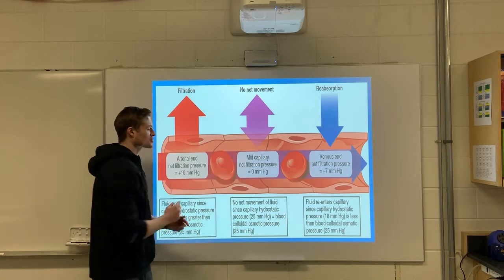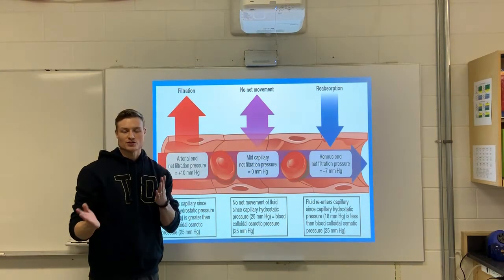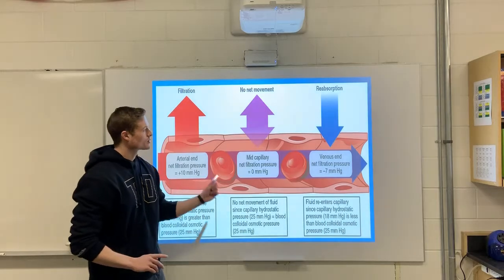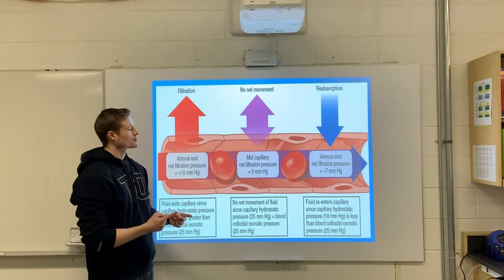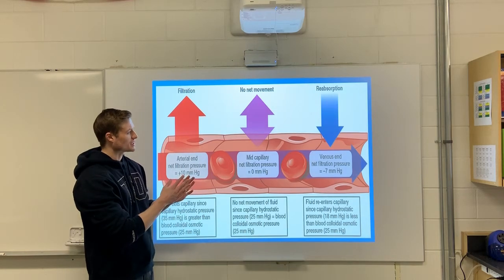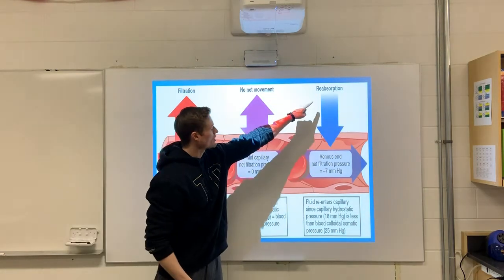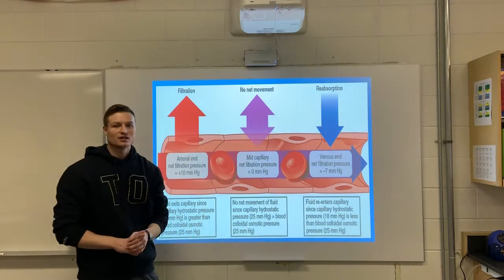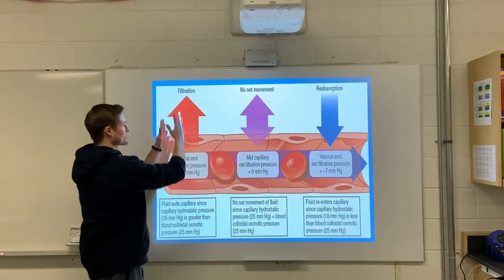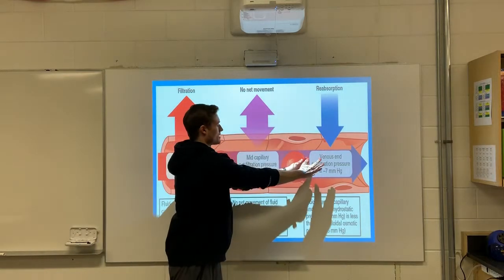Mid-capillary, there's a net pressure change of 0. So there's very little movement. And then when we reach the venous end, or the venule end, you'll notice that it's the opposite. It's about a -7. So now the pressure is higher outside than it is inside, and then things will be reabsorbed in the capillary. So we filter things out, and then we reabsorb them back here.